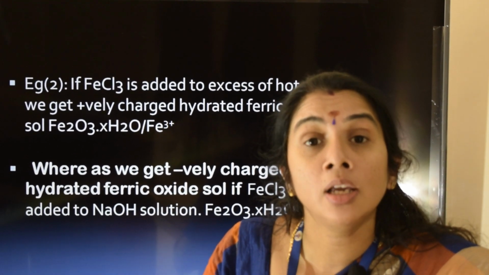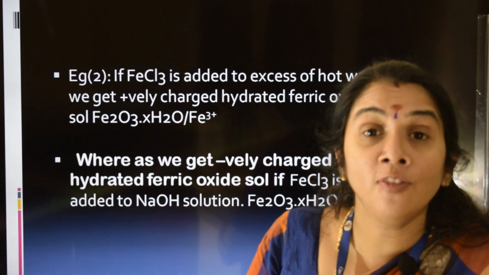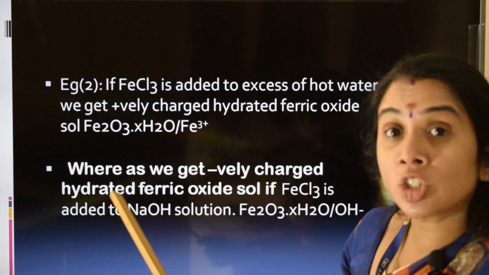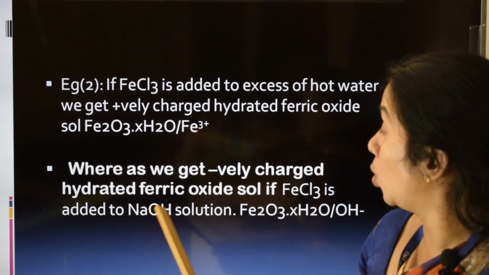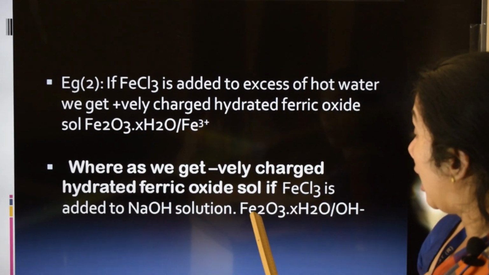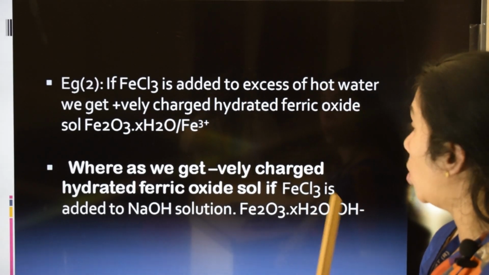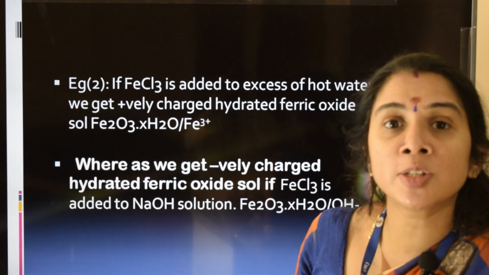That is because the hydroxyl ion, OH minus, present here will adsorb on its surface. So hydrated ferric oxide is surrounded by OH minus ions. This is what we call preferential adsorption of ions.